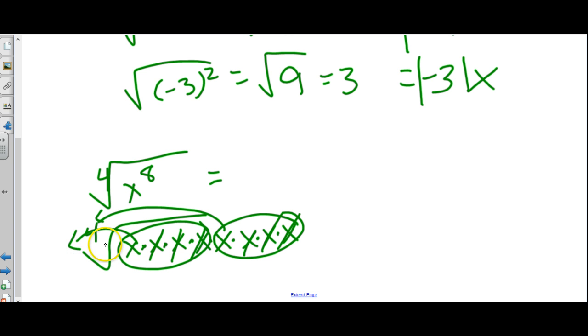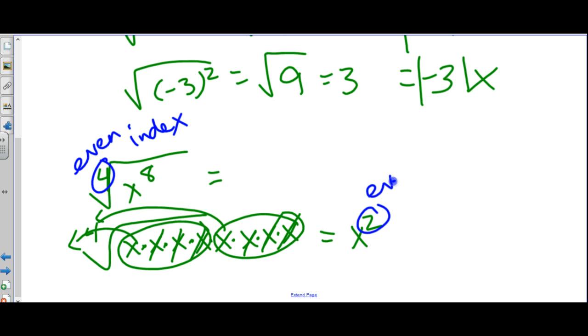The one that didn't get canceled out gets moved out front. And there's nothing left on the inside, so we don't need the 4th root anymore. So that equals x squared. We started with an even index, but we ended with an even power. That means no absolute value bars.